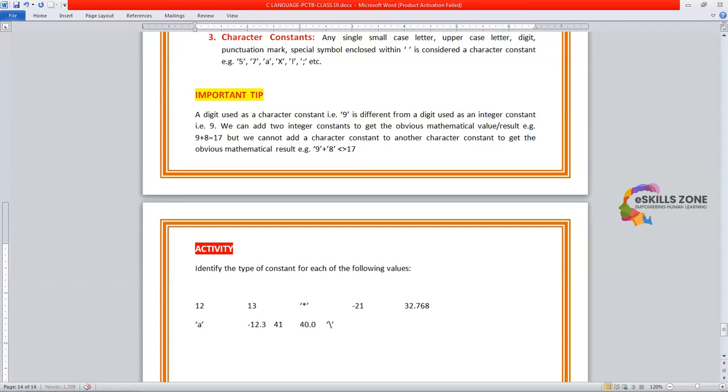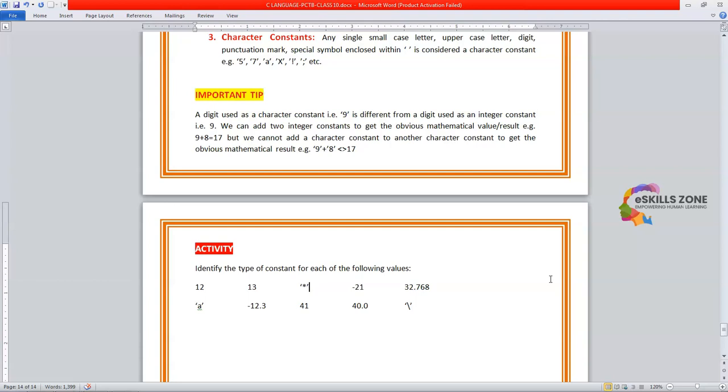Since we have discussed that digits, whether signed or unsigned, are considered integer constants, and since there is no sign, it is considered a positive integer constant. Now if you can see, this is the value 13 without any sign, so it is considered a positive integer constant.